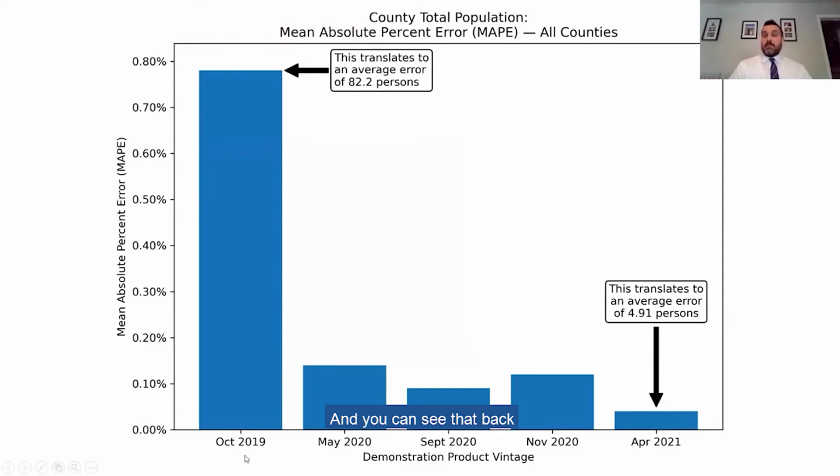And you can see that back in October 2019, our first demonstration data release, the relative error was about 0.75%. And now it's 0.04%. So what does that mean in actual persons? That went from 82 persons on average. The average county gained or lost 82 persons, and now the average county gains or loses about 5 people. So we're definitely seeing improvements there.